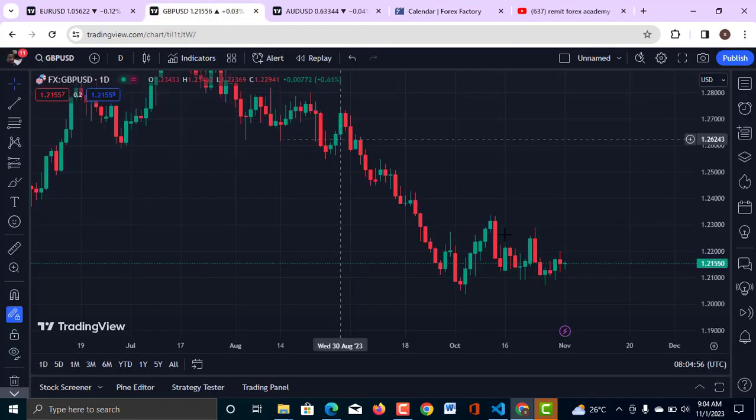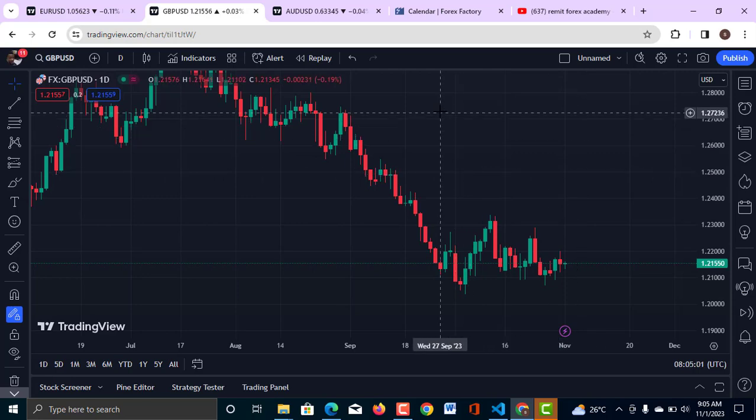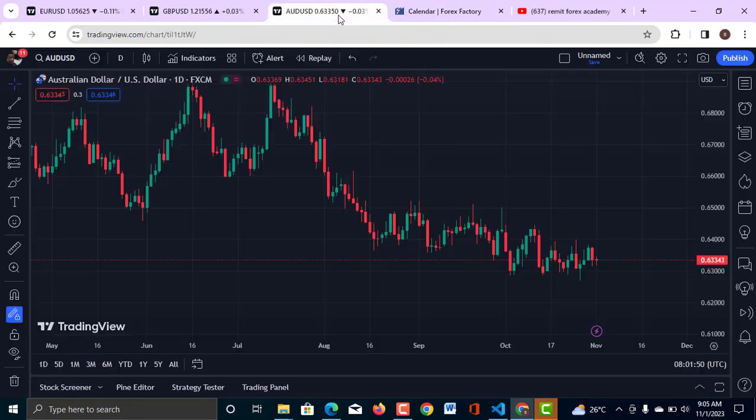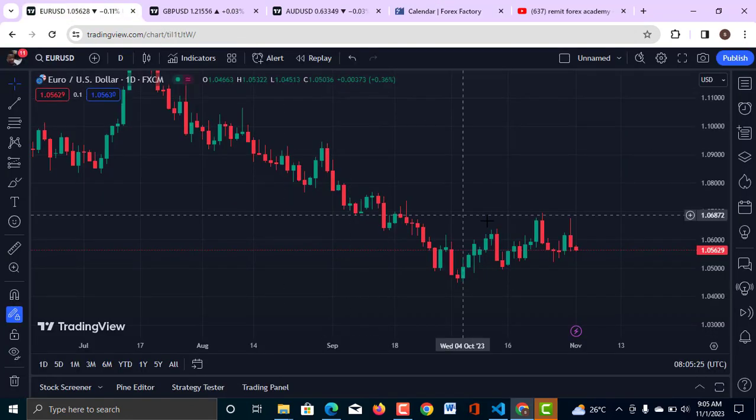So expect the market to move upward if they leave interest rate unchanged, and as well on AUD USD, also expect the market to move upward against the dollar. If the Fed hikes interest rate, let's say by 0.25 basis point or by 0.50 basis point, then expect this market to continue to the downside.